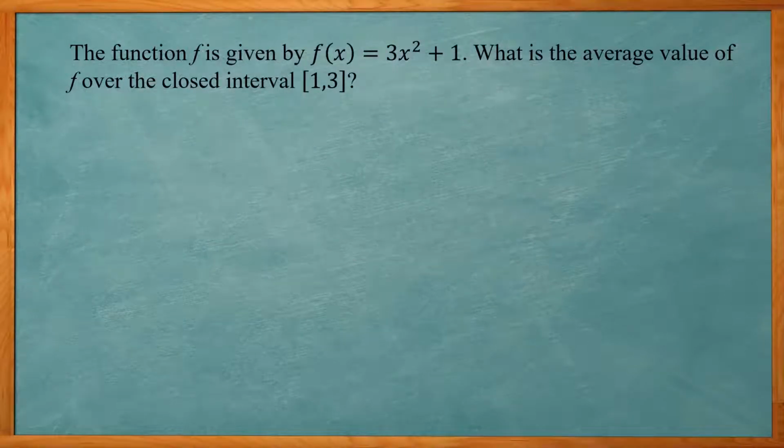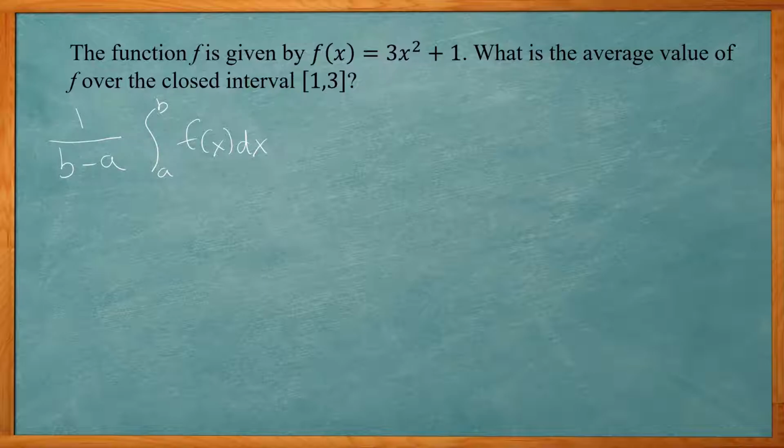And this one says the function f is given by f of x equals 3x squared plus 1. What is the average value of f over the closed interval 1, 3? Now to find the average value of a function over a certain interval, we're going to do 1 over b minus a, and the integral from a to b of f of x.